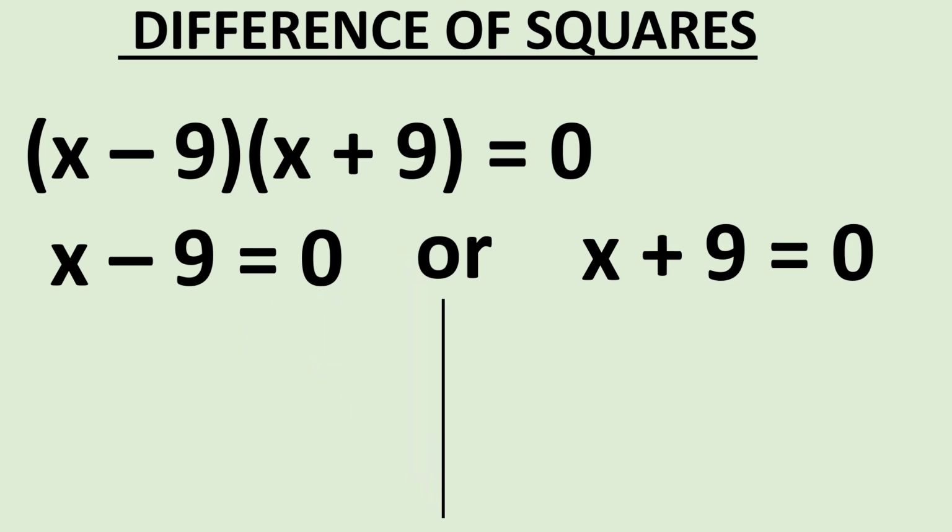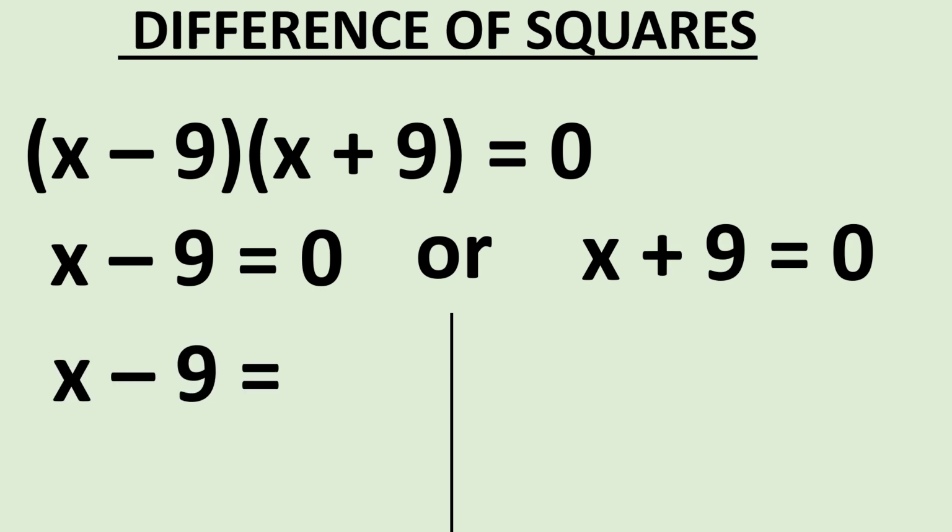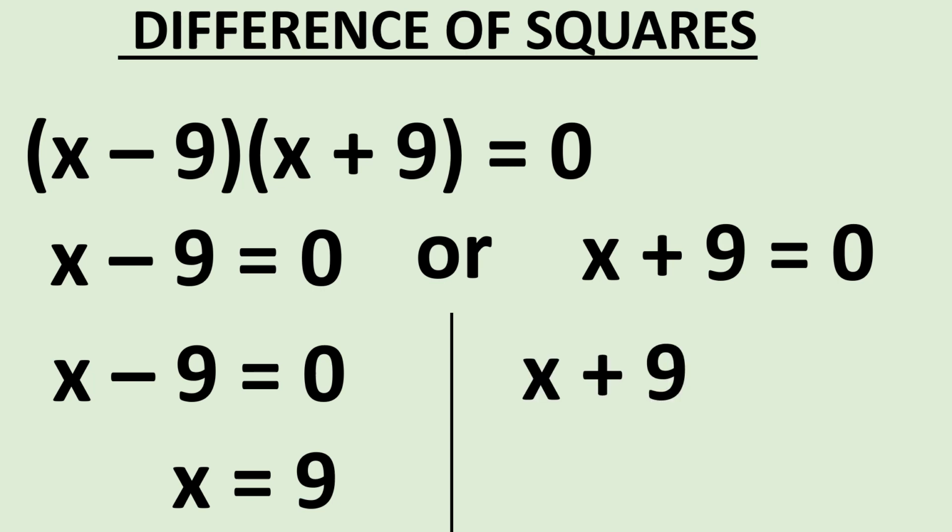So we'll solve them one by one. Let's look at the left hand side. x minus 9 equals 0. That tells you that when you take the minus 9 to the right hand side, it now becomes plus 9. So our x equals 9. Let's solve for x on the right hand side. We have x plus 9 equals 0.